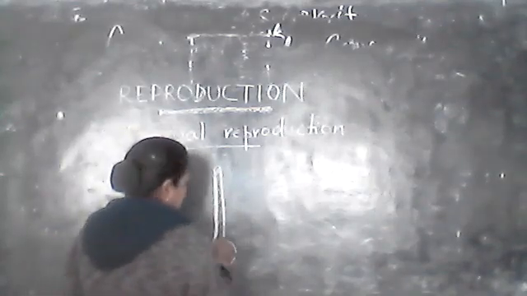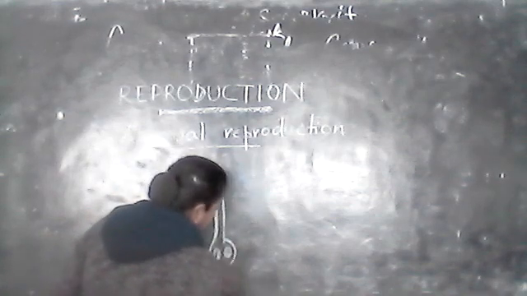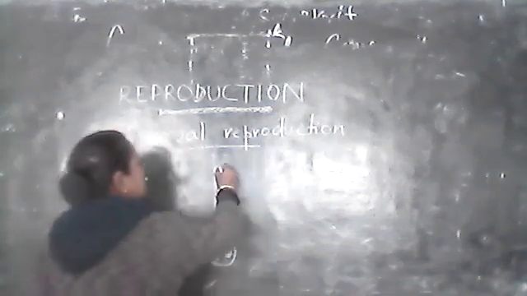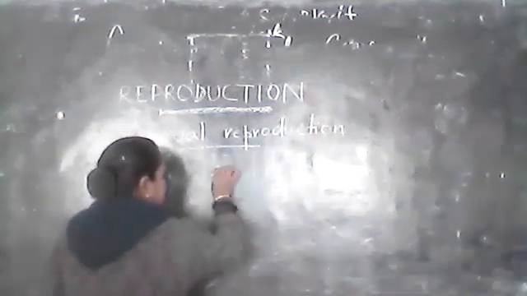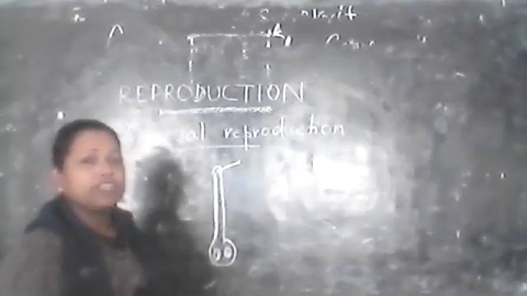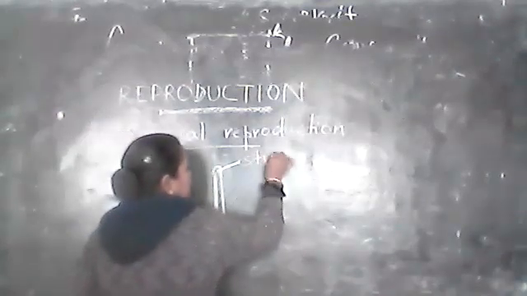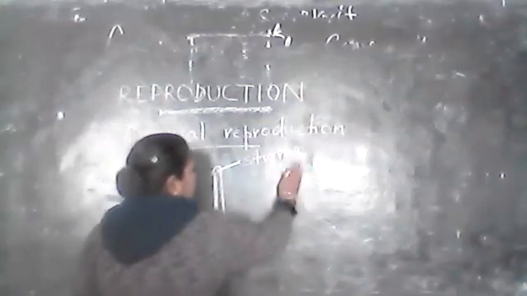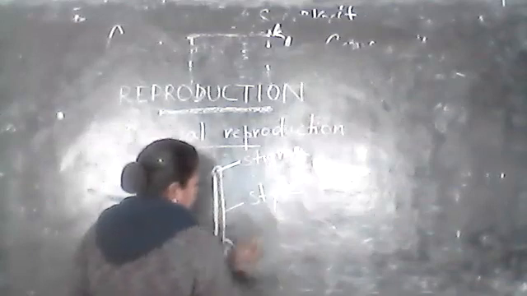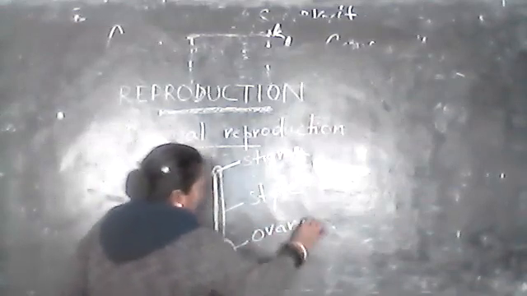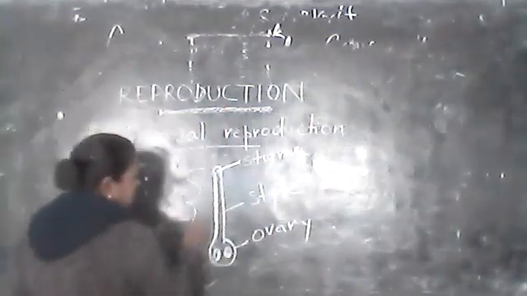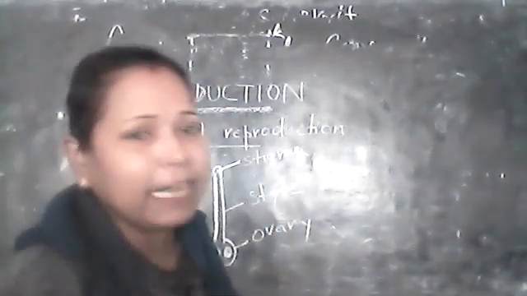This is called the pistil, or carpel, or we can use the term gynoecium. The first portion is called the stigma, this one is the style, and this one is the ovary. Okay, this is the female reproductive system of a flower, which is also known as pistil or carpel, or we can use the term gynoecium.